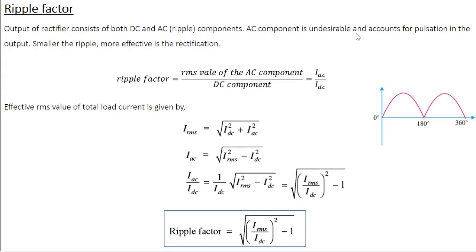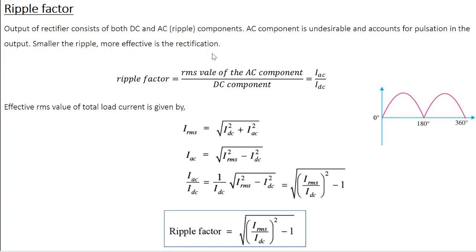And AC component is undesirable because you expect a clean DC coming out of any rectifier circuit, right? So this is undesirable and accounts for the pulsation in the output. So smaller the ripple, more effective is the rectification.